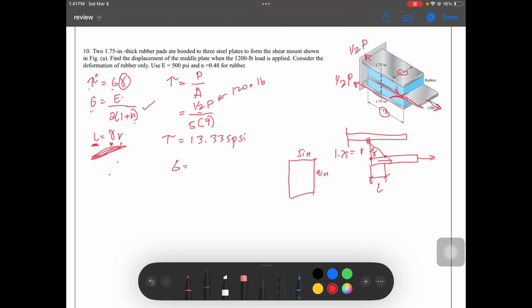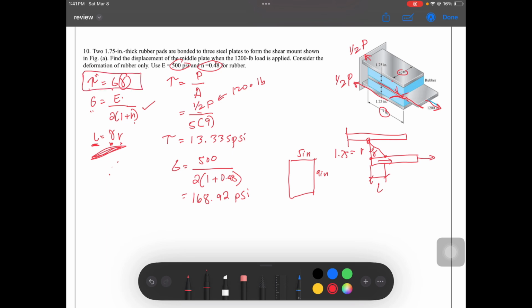But let's get G first. G is E, and our E is 500 PSI, over 2 times (1 plus N). Our N is 0.48. Our G is equal to 168.92 PSI. So, let's substitute it in this equation.